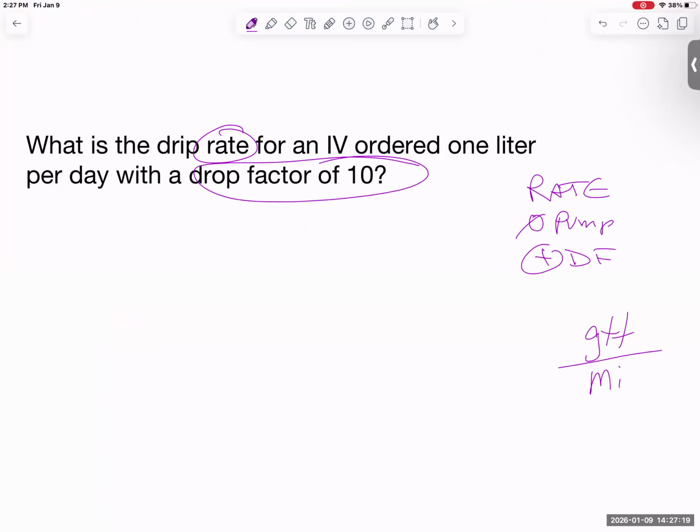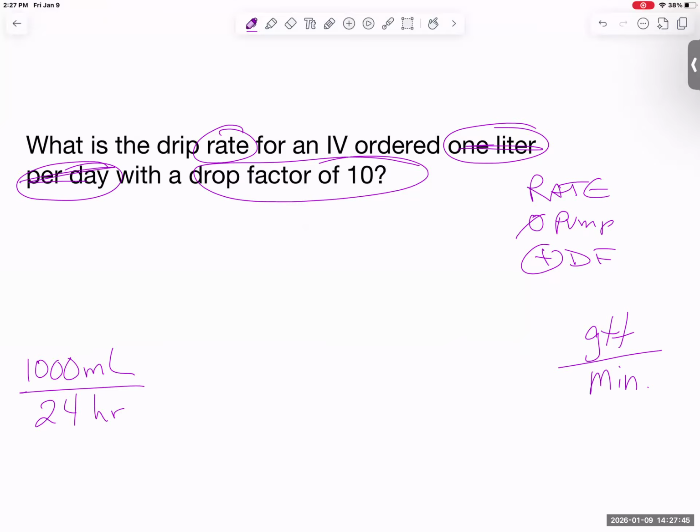Drops per minute. That's my wanted. All right. So what's ordered? 1 liter. 1 liter is how many milliliters? 1,000 milliliters. And per day is 24 hours. Do we agree? Yes. Good.